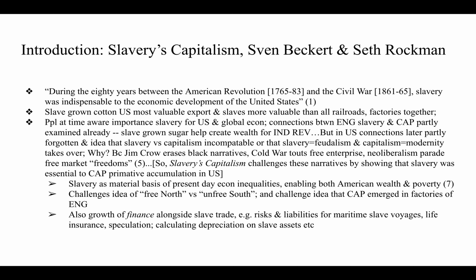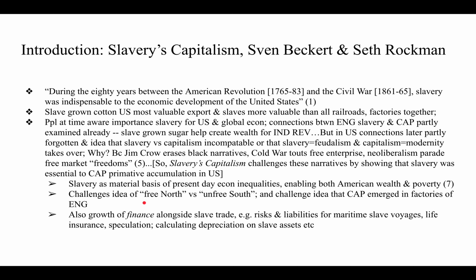So it's just extending this idea of classical political economy that capitalism and slavery are incompatible, right? Slavery's Capitalism, this book, challenges those ideas and those narratives by showing that slavery was essential to the economic development of capitalism in the United States, okay?